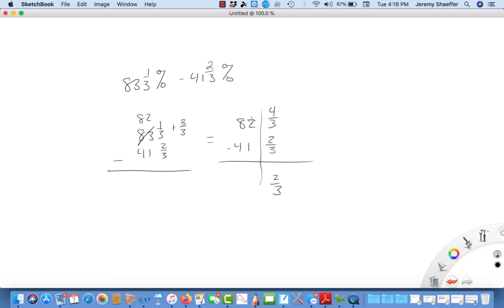That's the fraction part of it. What's 82 minus 41? It's 41. So we know that the answer is 41 and 2/3%. Pretty simple. When you look at it that way, it's pretty simple.